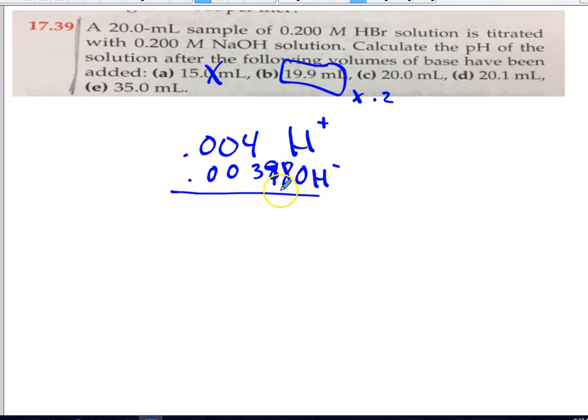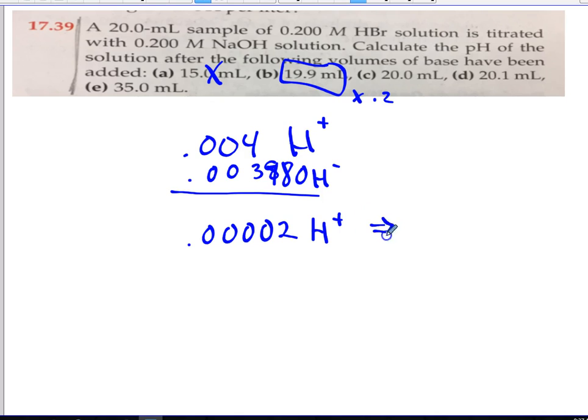All right, so I do the difference, and what do I get? Four 0's and a 2. Now, is this H plus or OH minus? That's H plus.